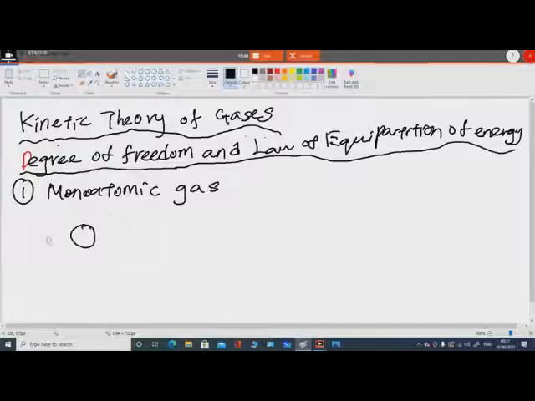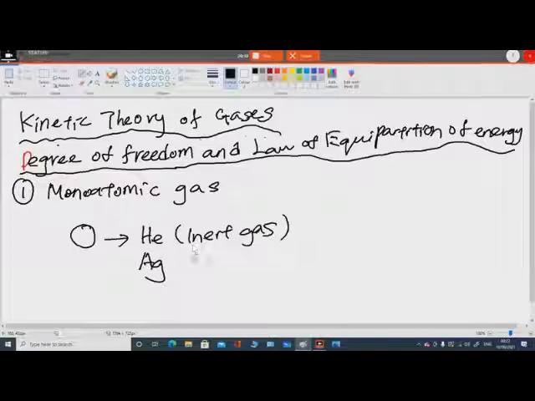The structure of monoatomic gas is actually a single atom, such as helium, argon, and we can say all the gases in group 18, the inert gases. These inert gases do not react with other chemical materials, by saying that it is only a single atom.